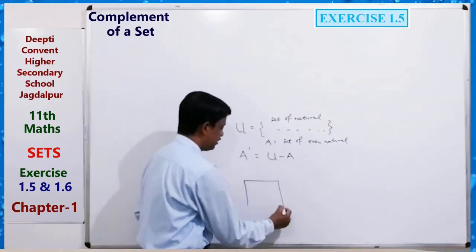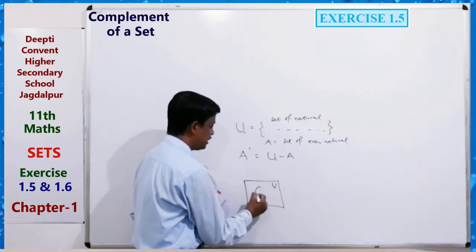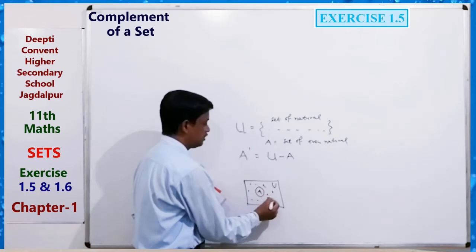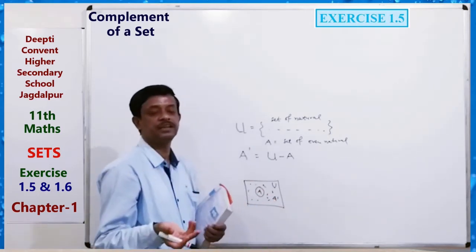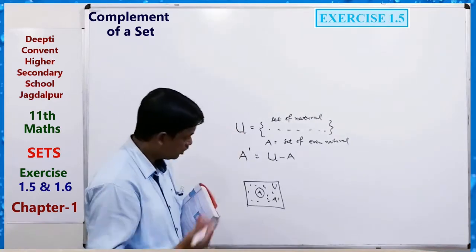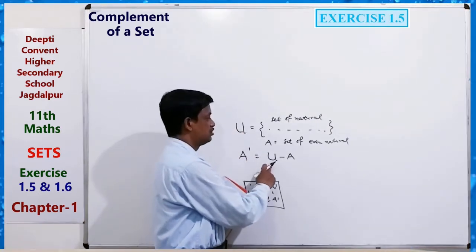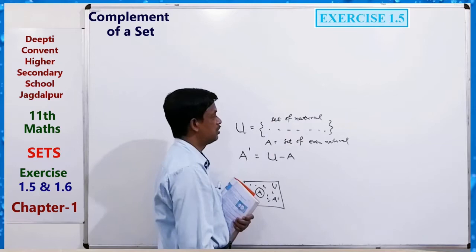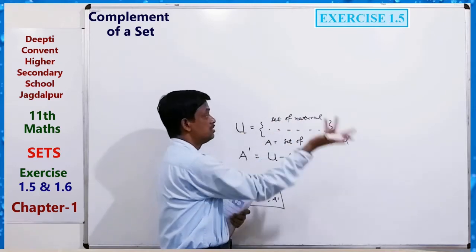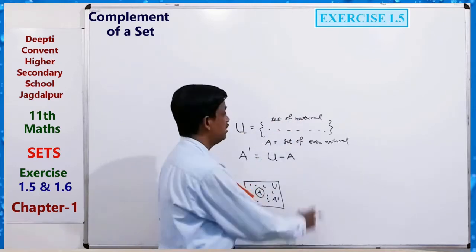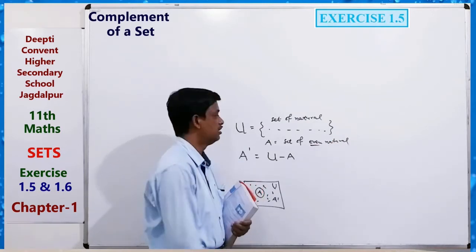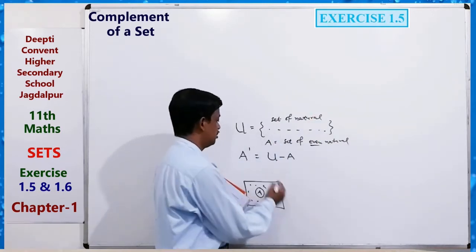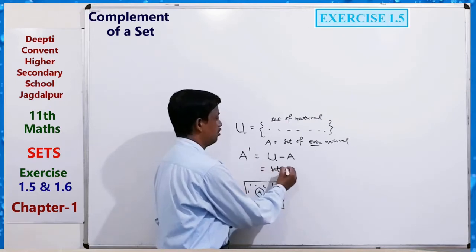Complement means if this is U, if this is A, then A dash is this part except A. A dash means except A, all from U. So if A is the set of even natural numbers and our U is the set of natural numbers, then except even, that is odd, the set of odd natural numbers.